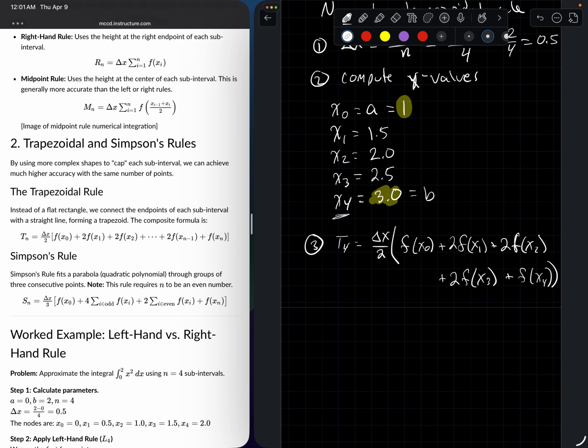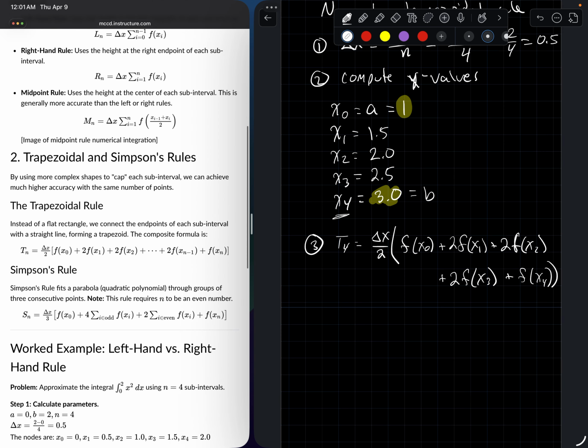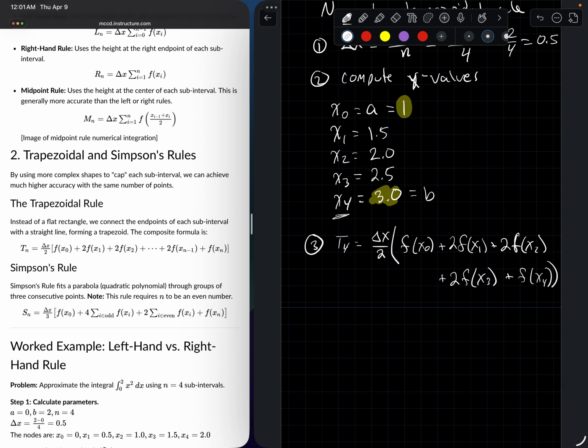And so that matches up with the formula that you can see right here next to this on the left.